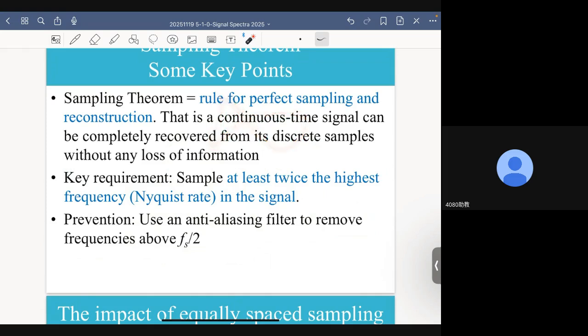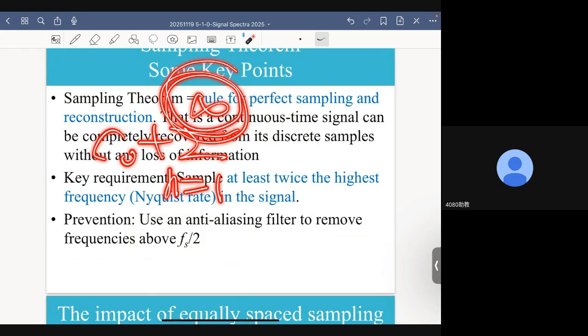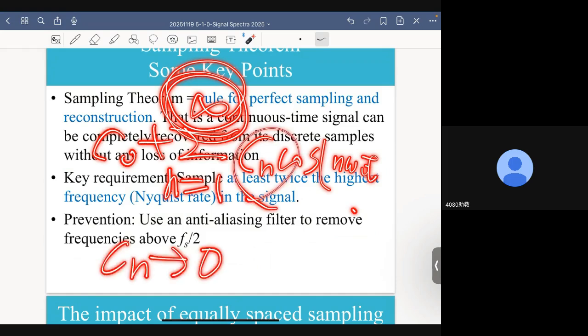Because if you look at the Fourier series representation, let's say the compact Fourier series, it always goes to infinity, right? So Cn will become 0 only when n goes to infinity.